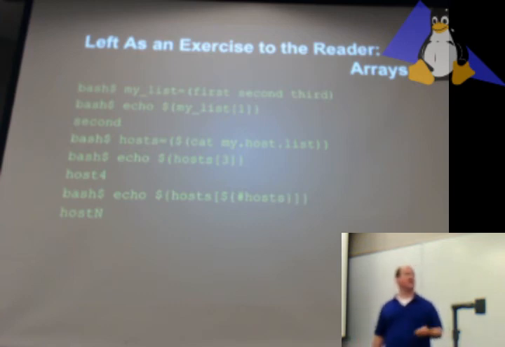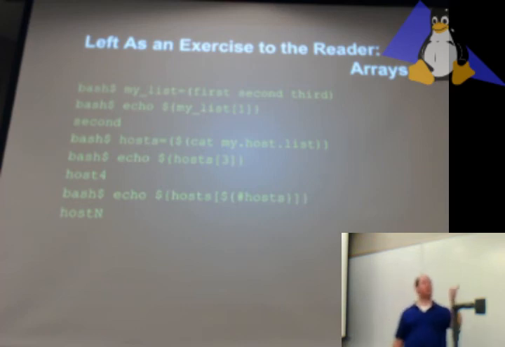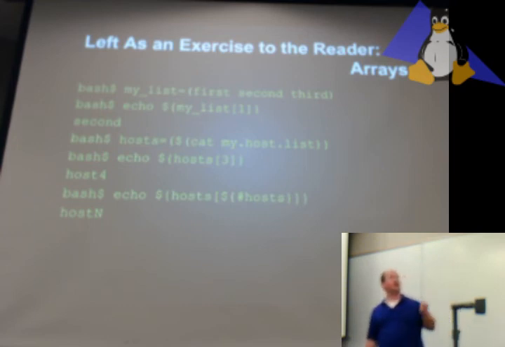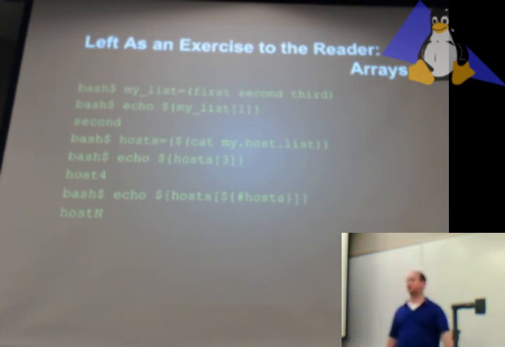Indexes start at 0. So hosts[3] would be host 4 out of the 5. And that construct at the end, ${#hosts[@]}, tells you the number of entries in your array.